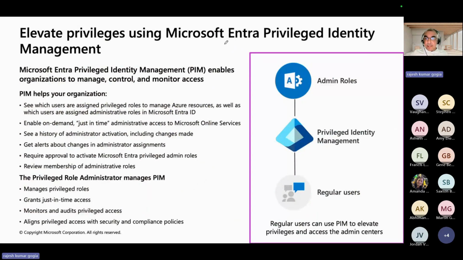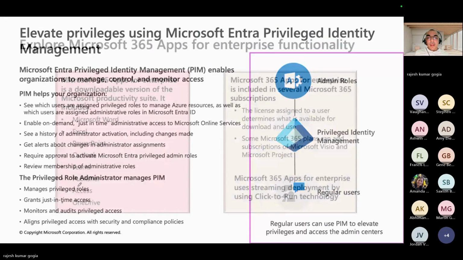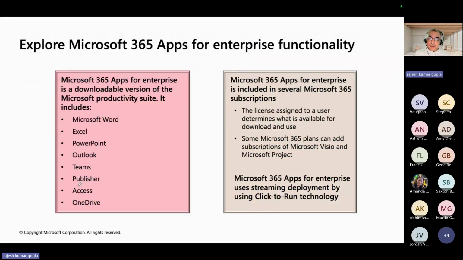And definitely, the PIM which I mentioned earlier, with restricted access. Why? Because the highlight is just in time. So this is one of the key roles as well. Along with that, the access to the apps all happens with the license, that is, what license is being assigned to the user.